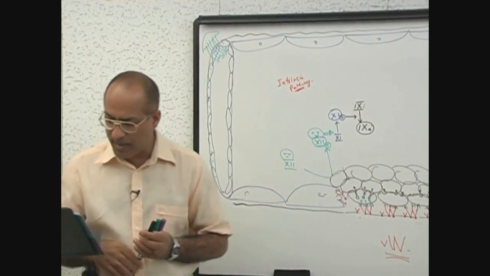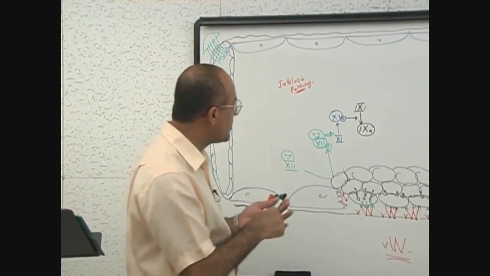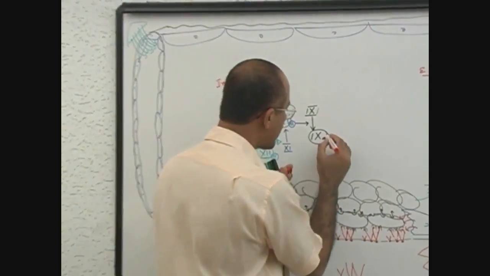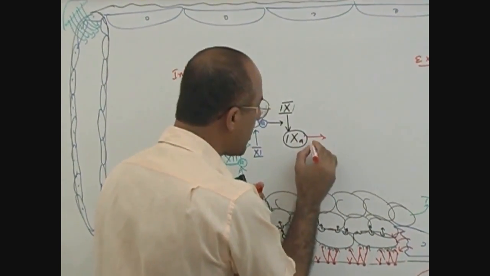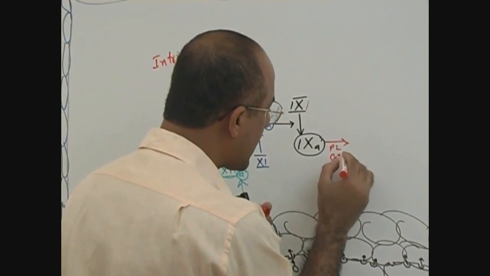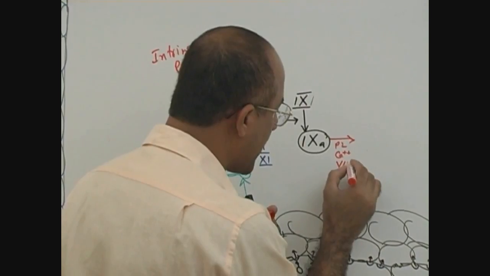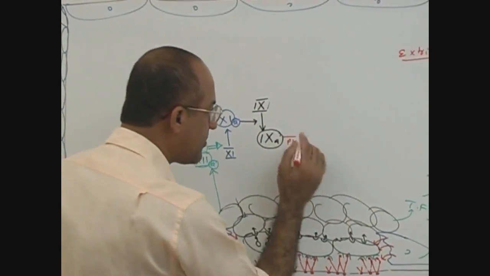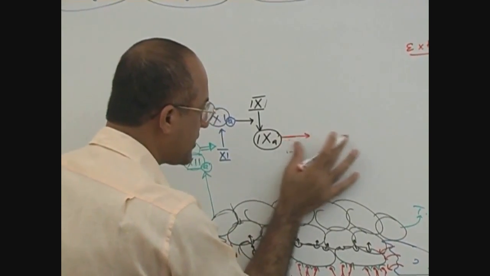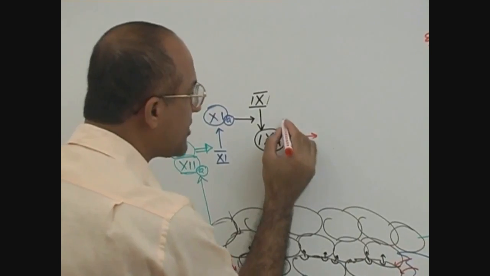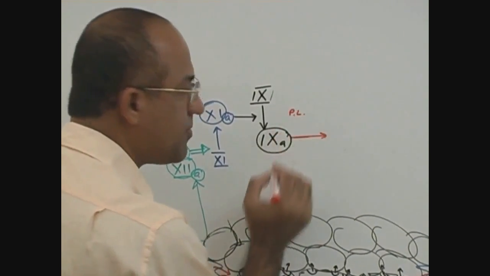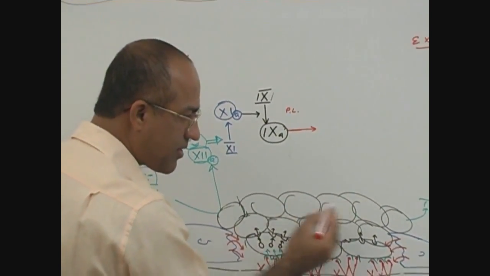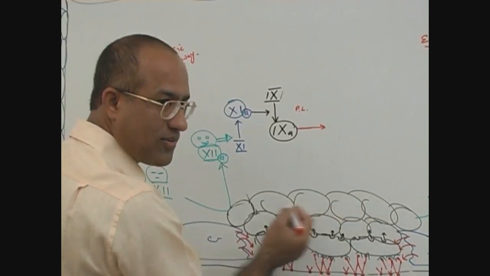Now, there is something very important. Once factor number 9 is activated, in the presence of phospholipids and calcium and factor number 8, I'll write it at the top. Of course, those phospholipids are the floor provided by platelets.